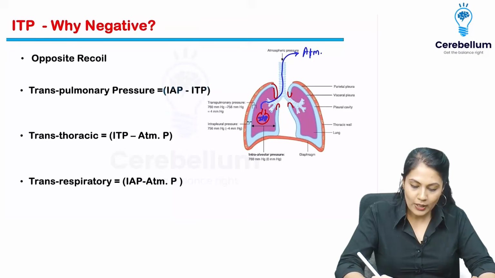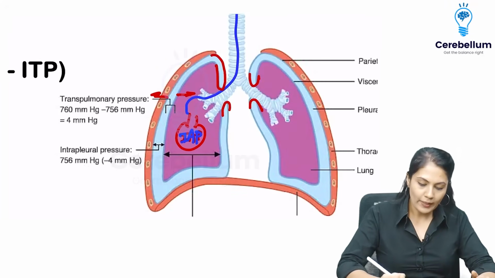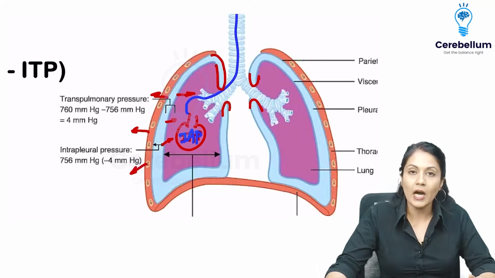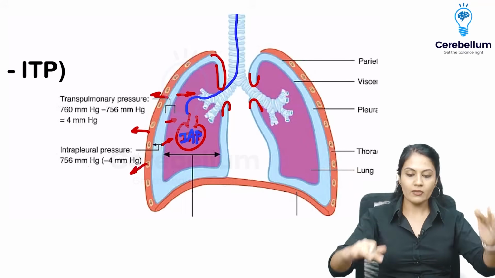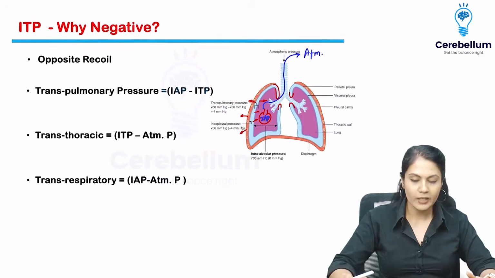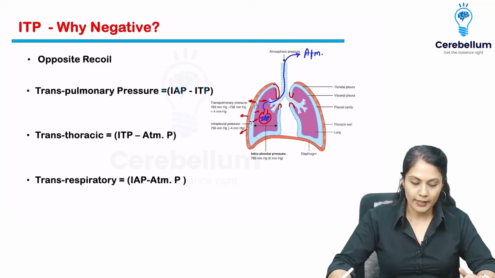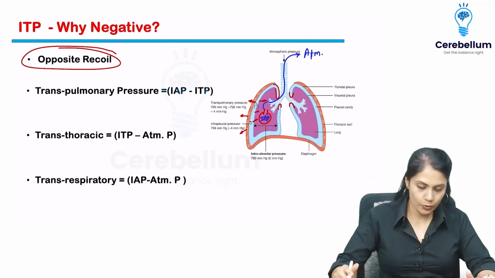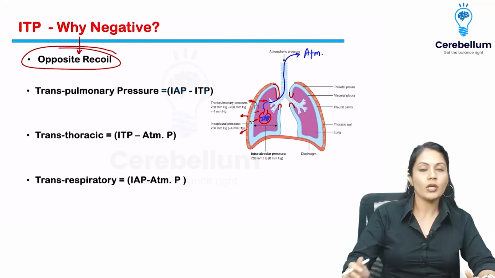One pleura is attached to the lung, one pleura is attached to the thoracic cavity. The normal tendency of the lung is to recoil inward, and the normal tendency of the thoracic chest wall is to spring out. Because of this opposite recoil, a vacuum-like space is created in between, that is, negative suction pressure is generated. So please remember, it is because of the opposite recoil that we have negative intrathoracic pressure even at rest.